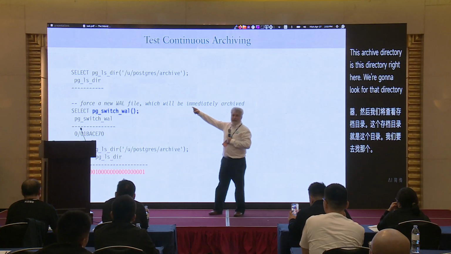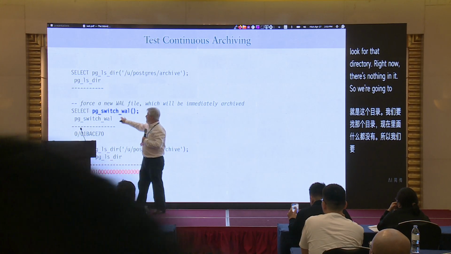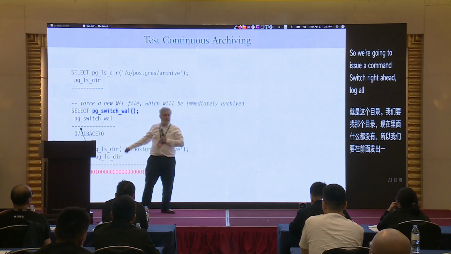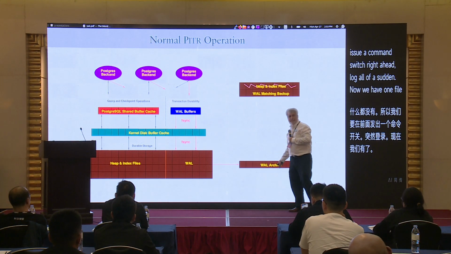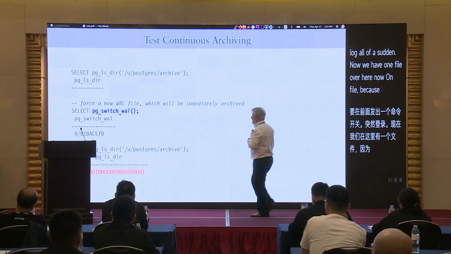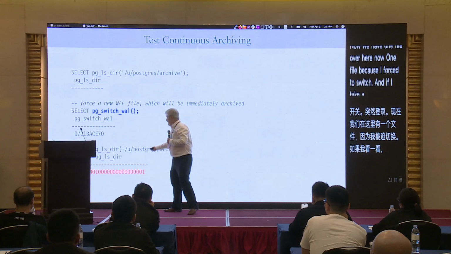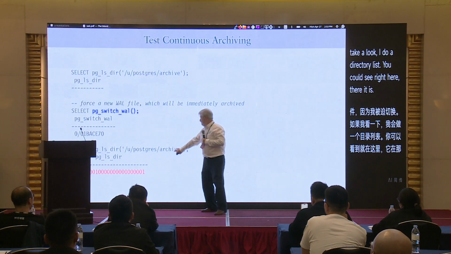And right now, there's nothing in it. So we're going to issue a command, switch write ahead log. All of a sudden, now we have one file over here, okay? One file, because I forced the switch. If I do a directory list, you can see right here. There it is. That's the file. It's in the archive directory.